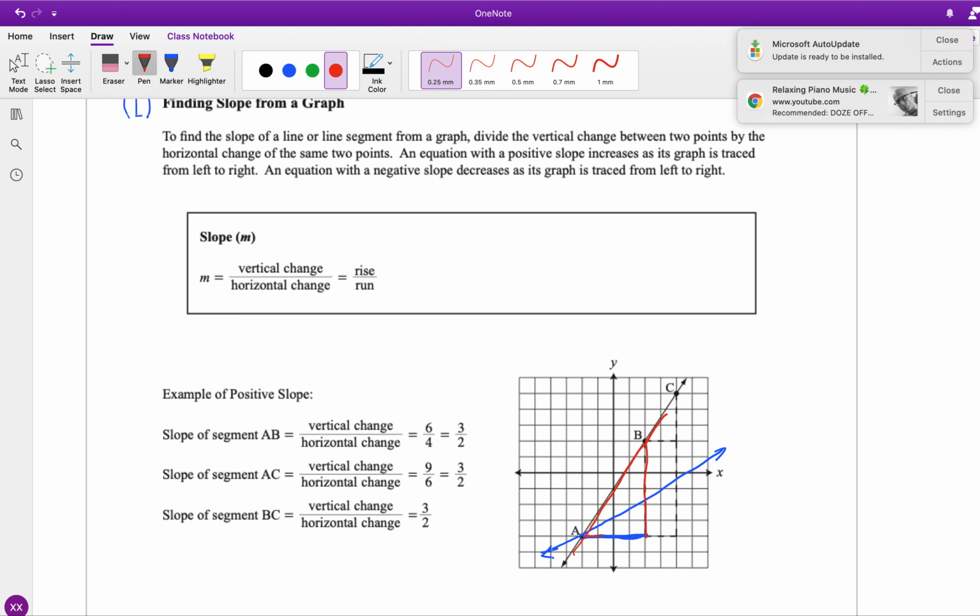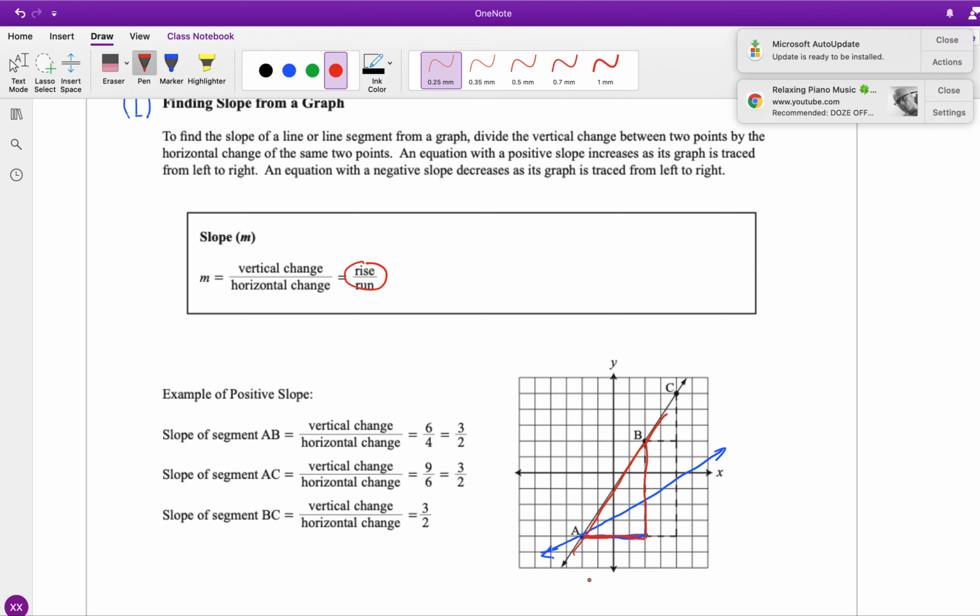The run is the same, but this one is much higher than the blue one. Therefore, this slope is much steeper than the blue. That is why it is rise over run, to see how high it goes over the same length down here.